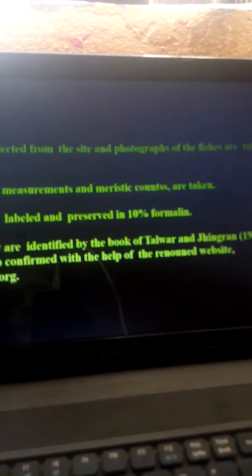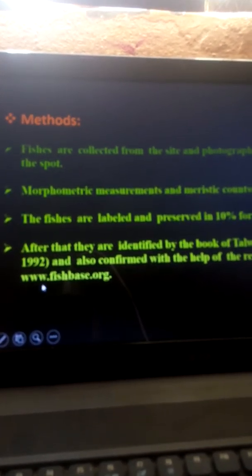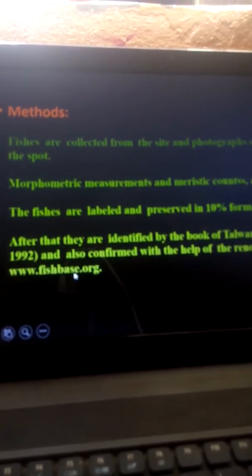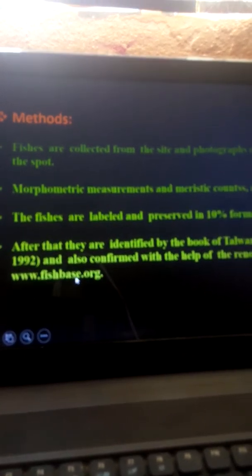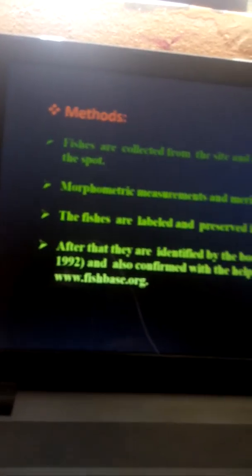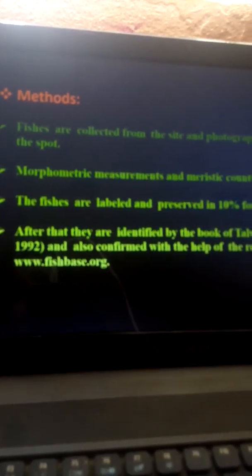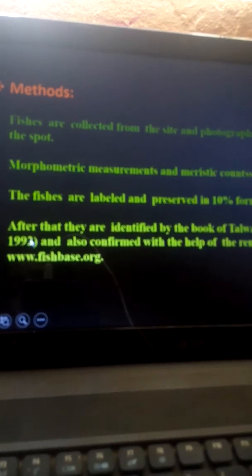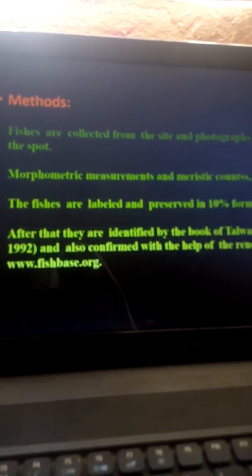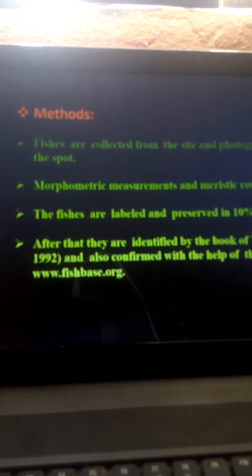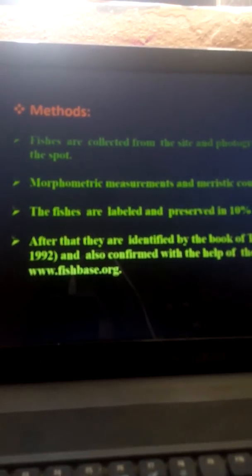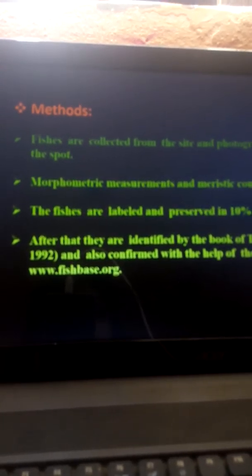After taking these measurements, we move to the website www.fishbase.org, and we find the morphometric length and the meristic count of our fish, and compare in this FishBase.